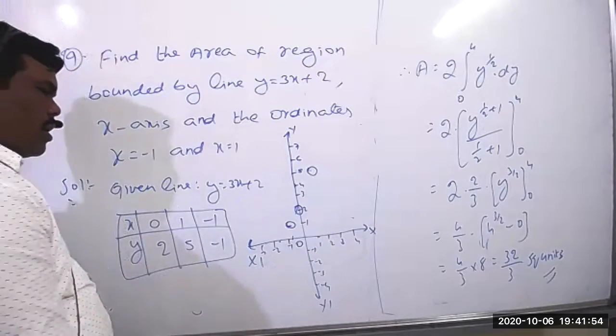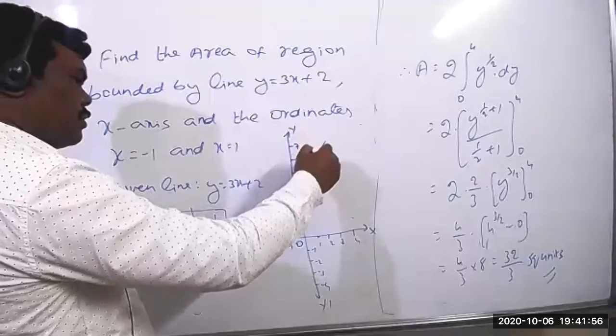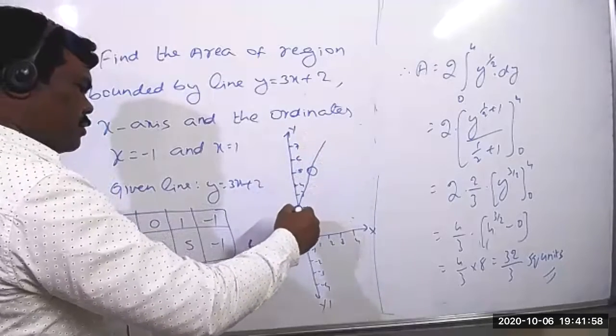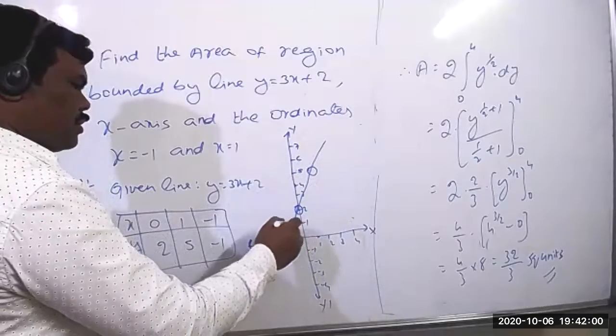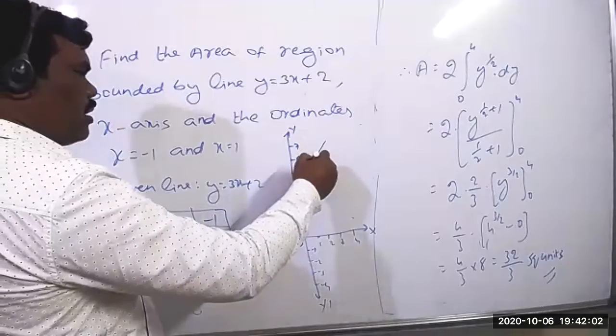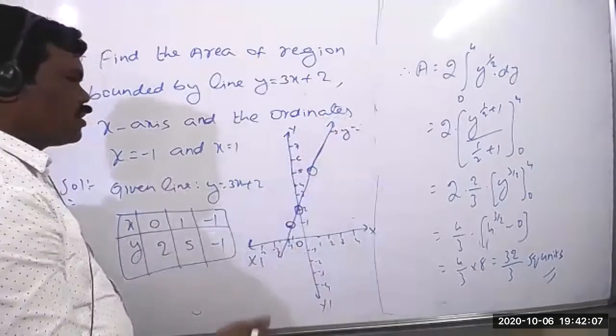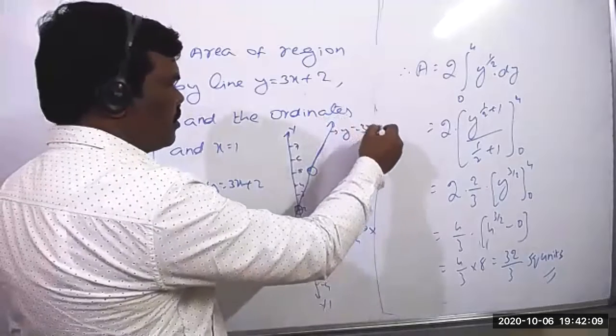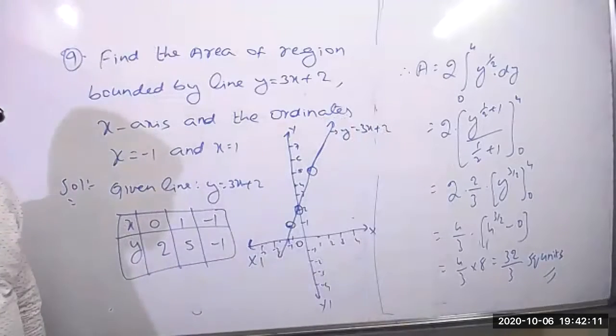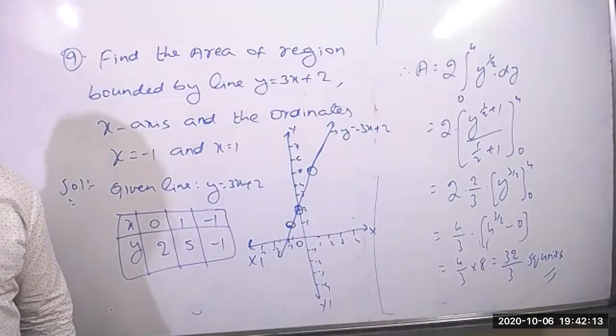Now you can draw a line. This is the given line, y equal to 3x plus 2. And what about the next one?